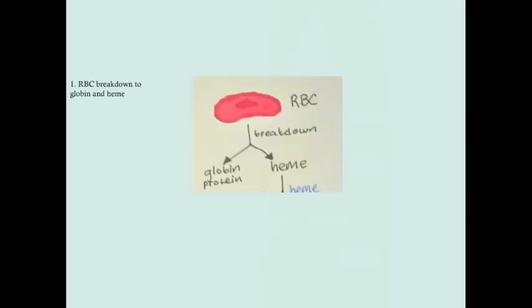So the first step is the red blood cell is broken down in the spleen, and the hemoglobin is broken down into the globin protein, which is recycled, and then the heme portion. That heme has iron, and then it's got a porphyrin.